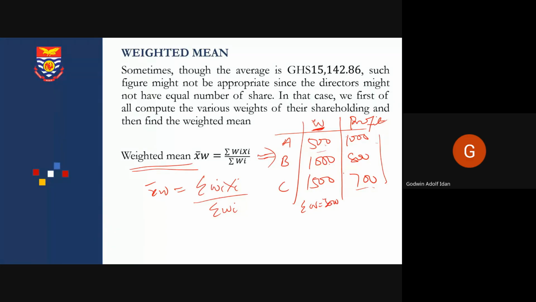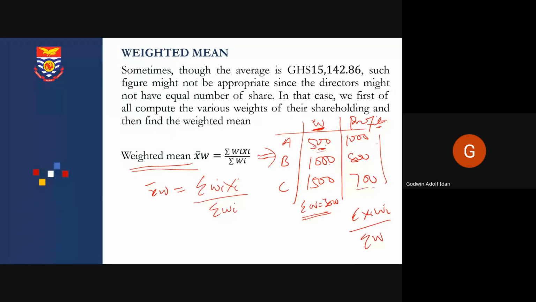For the weight per person, we can have 500 over 3,000, or we can multiply the weight by the profit, which is the amount per person. We get the summation of X multiplied by W and divide it by the 3,000, which is the summation of W.